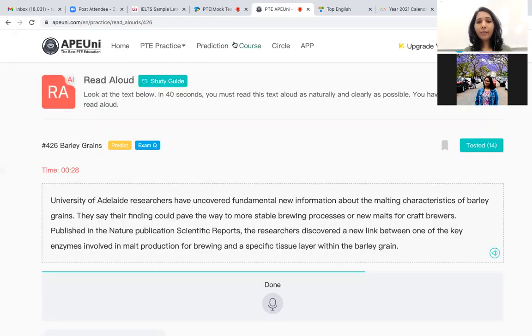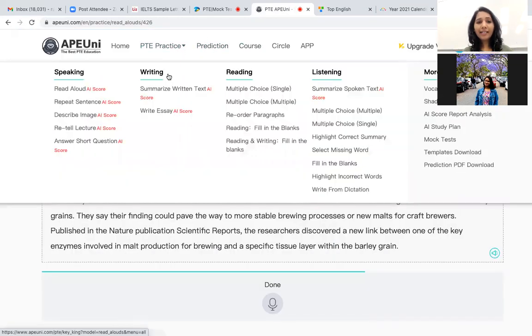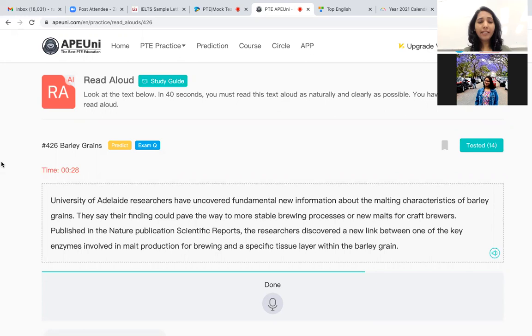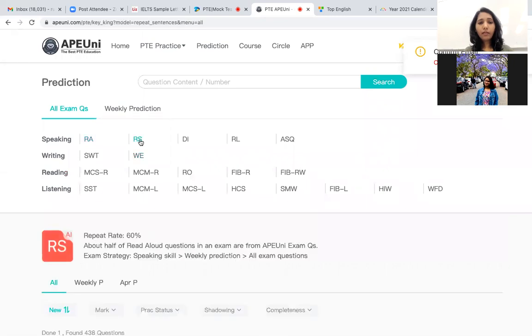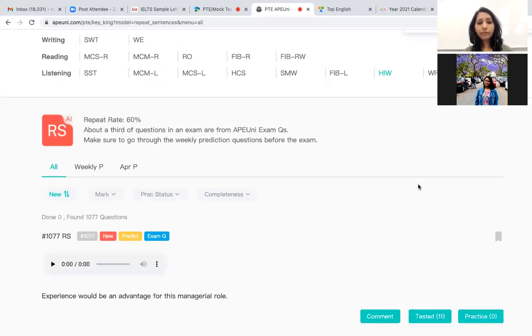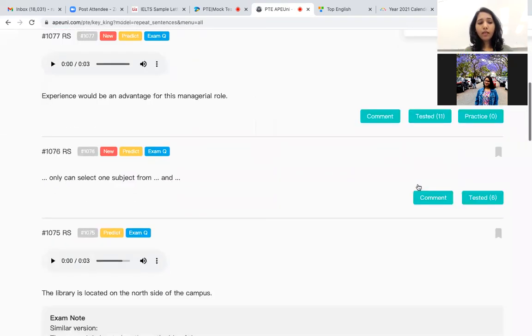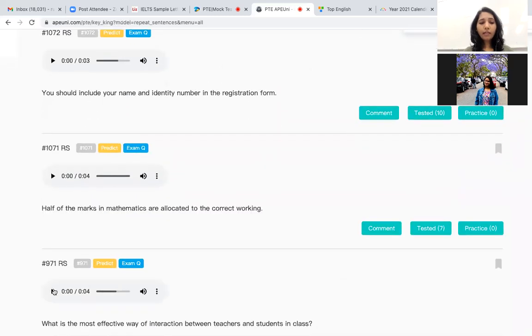Okay, I'll try with Ape Uni, but if it is unclear like yesterday, then we'll go back to Real PT. Ready? Yep. One, two, three, and go. Couldn't hear anything. Okay, one more.